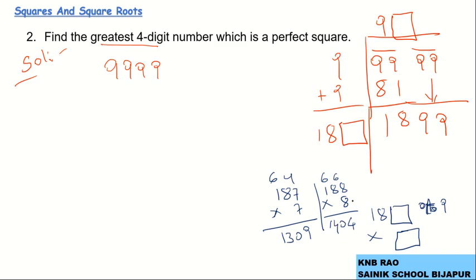Now, let us consider 189. 189 into 9. 9 9s are 81, 9 8s are 72, 72 plus 8 is 80, 9 1s are 9 plus 8 is 17.